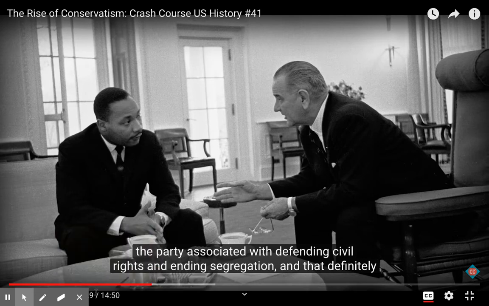And those ideas of racism and racial separation were still very dominant in the South. So this Democrat here, working with this African American, started to cause many Democrats in the South to leave the Democratic Party because they didn't like how it was focusing so much on things like ending segregation and not focusing more on other things like, I guess, the economy.